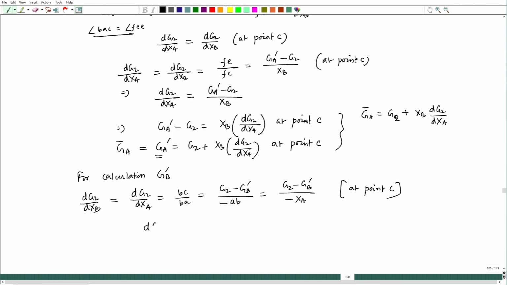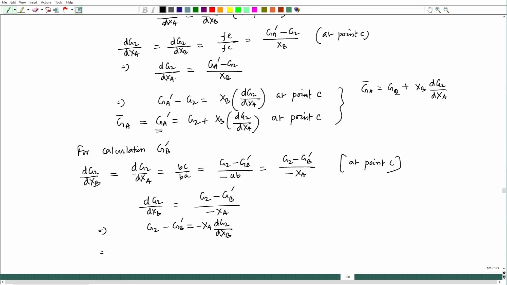So, then dG2/dXB equal to G2 minus GB prime divided by minus XA. So, we get G2 minus GB prime equal to minus XA dG2/dXB. So, it comes out to be GB prime equal to G2 plus XA dG2/dXB.